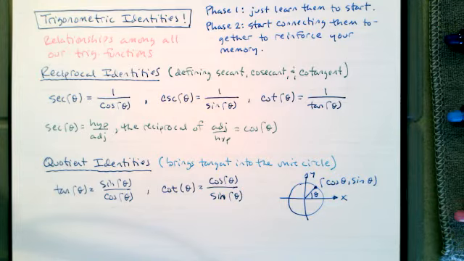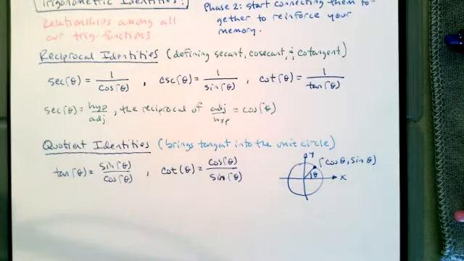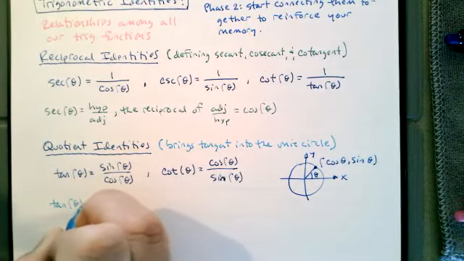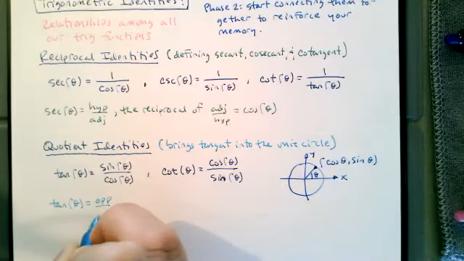We can also connect this to our right triangle trigonometry that we had before. Tangent of theta is opposite over adjacent.